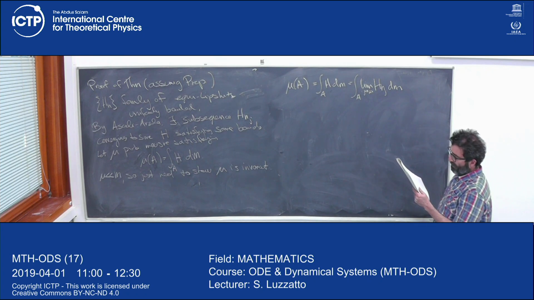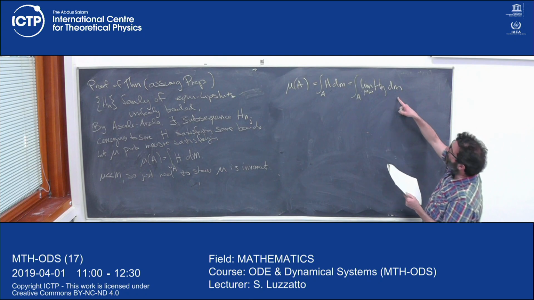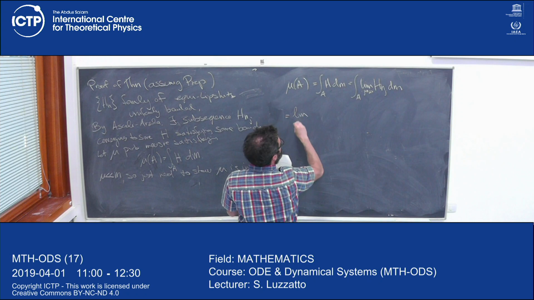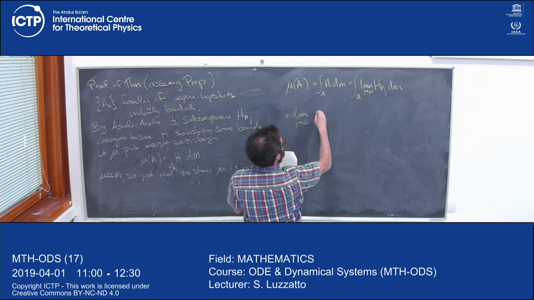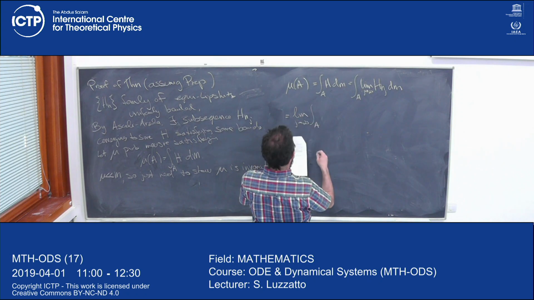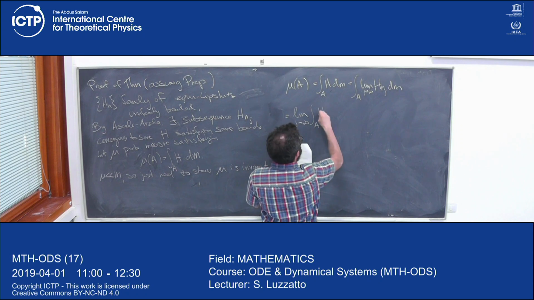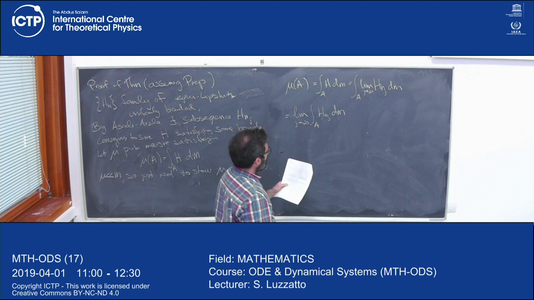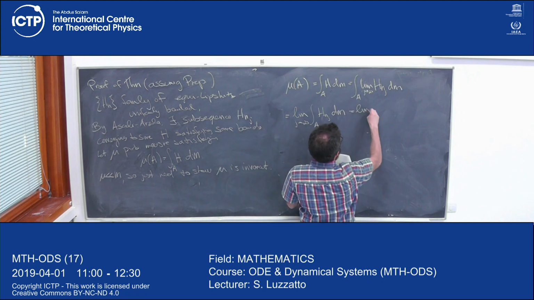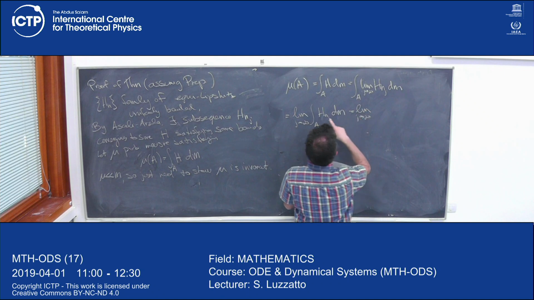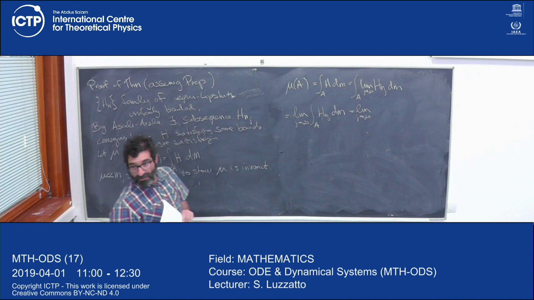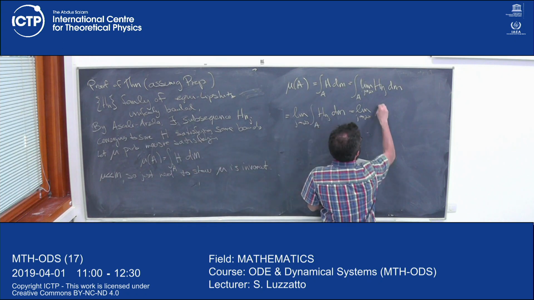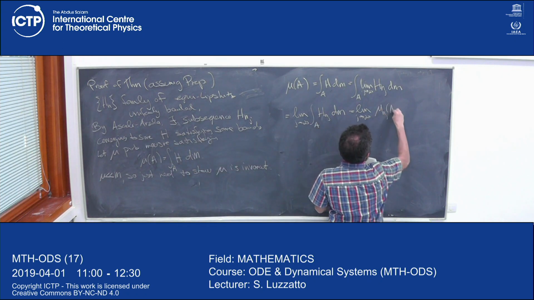Then we use the dominated convergence theorem to take the limit outside the integral, and we get the limit of the integral of Hnj dm. And this is equal to the limit as j tends to infinity of mu nj of A, since Hnj is the density by definition of mu nj.